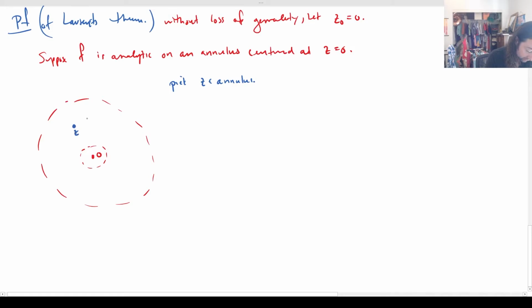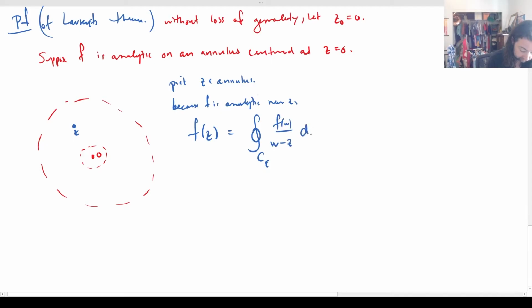Okay, so there's z. Now notice that because z is in the place where that function is analytic, I can apply the Cauchy integral theorem. Because f is analytic near z, that must mean that f of z is equal to the integral around some little tiny circle, f of w over w minus z dw.